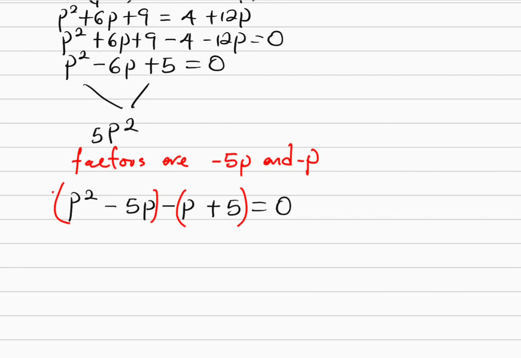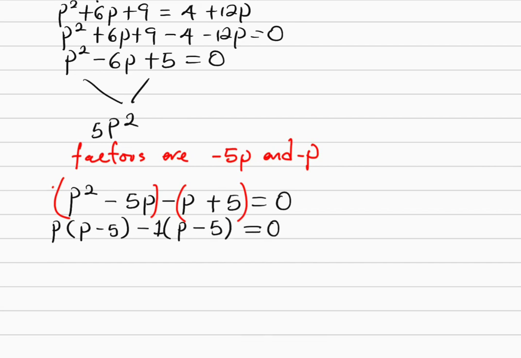P is going to come out here so that you have p minus 5. Then if you check, nothing is common between p and 5, so 1 is a universal factor. We can bring it out if you want. There is no need to write it, but for clarity's sake, let me write it. So I have p, and of course this is going to be minus 5 instead of plus 5 again, is equal to 0.